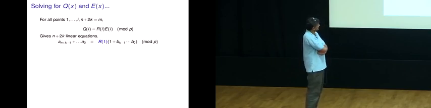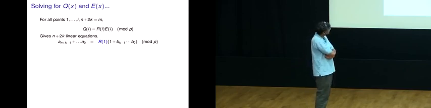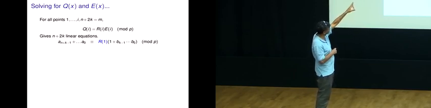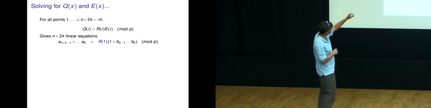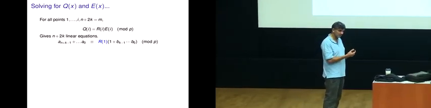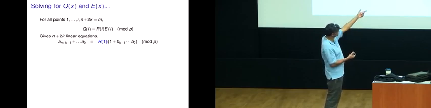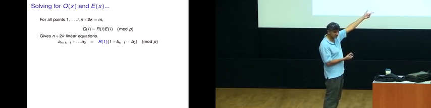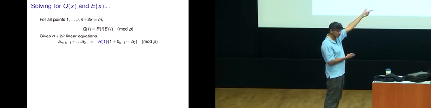We have an equation like this. In this equation I'm plugging in 1 into the formulas: a sub n plus k minus 1 times 1 to the power, which is 1, and so on. That's what I'm getting on the left-hand side. On the right-hand side, I'm plugging in 1 into the evaluation of e of 1, and that gives me this expression in terms of a bunch of variables.